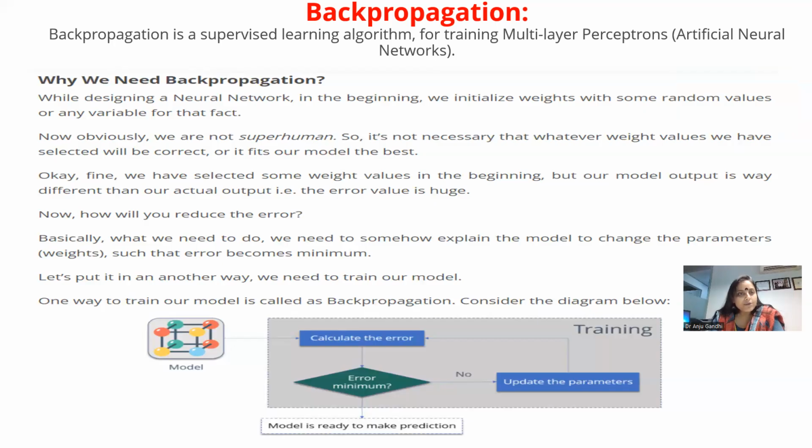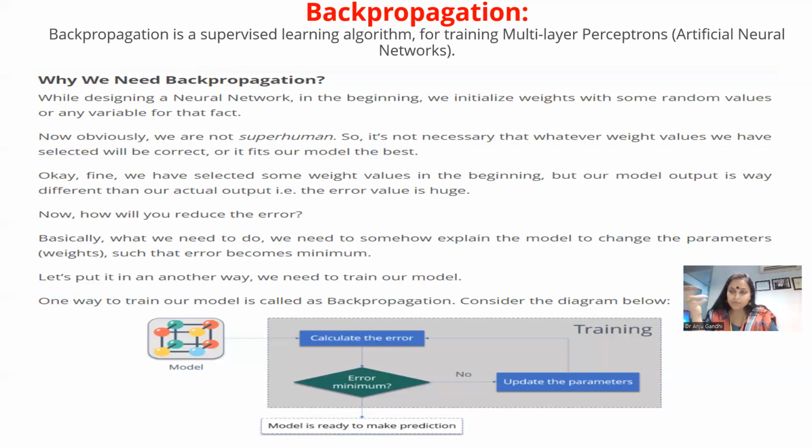Now, obviously, we are not superhuman. So it's not necessary that whatever weight values we have selected will be correct or will fit our model the best. For example, when we send a weight to a network the first time, it doesn't mean that it will give us the desired output, right?